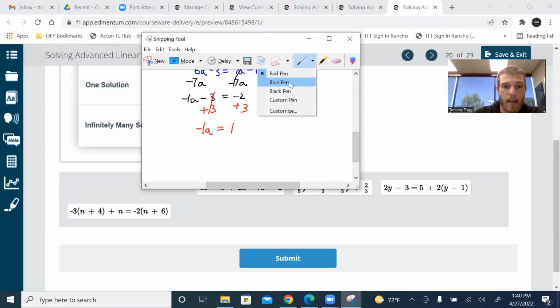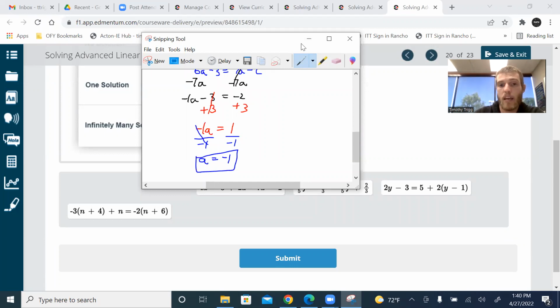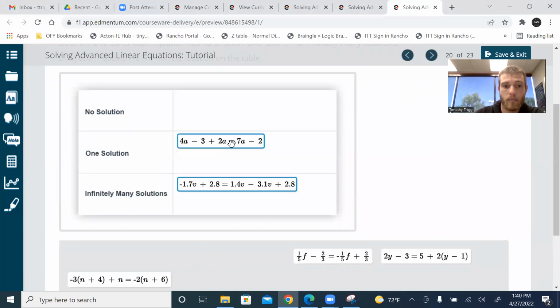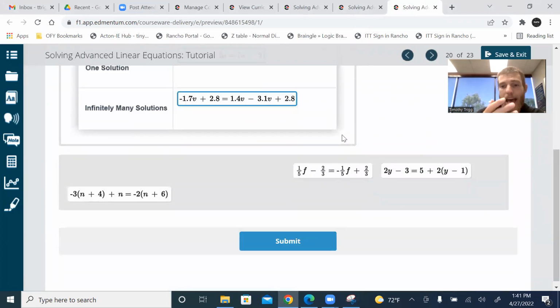Lastly, to get a by itself, we divide by -1 on both sides of the equation. A is -1. So here we got a solution, right? We got an answer. If you get an answer, then that means it has one solution. Okay, it has that solution, -1 in this case.